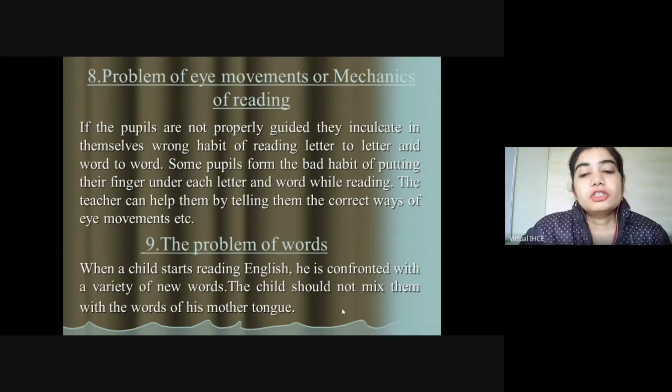So the child has to practice the reading, and the teacher has to act as a role model for starting the pronunciation, telling the students how to pronounce the new words.